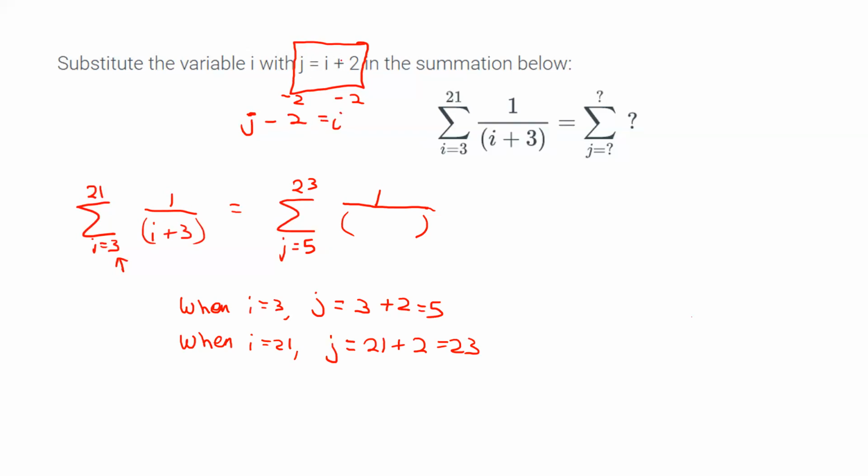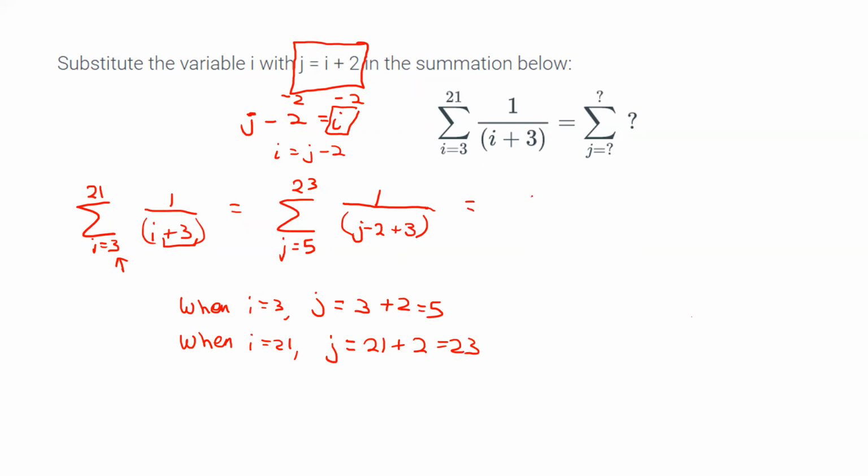Just subtracted 2 from both sides here. So I have now I is by itself. I've solved for I. I is equal to J minus 2. So then I go back to what was here, and wherever I see an I, replace it with J minus 2. So I'm going to have a J minus 2 in place of that I, but then I also have to say plus 3.